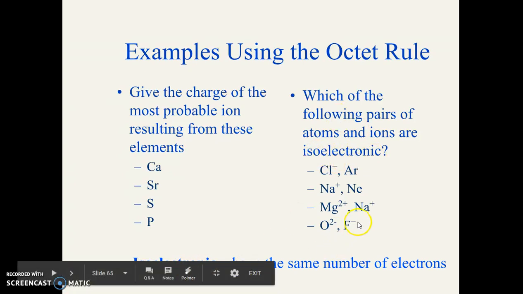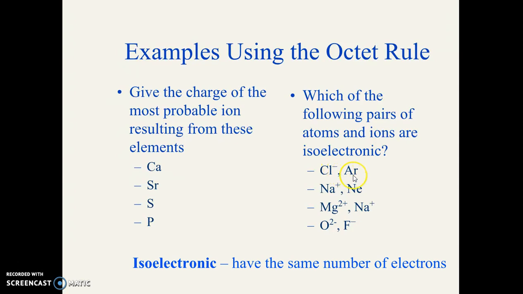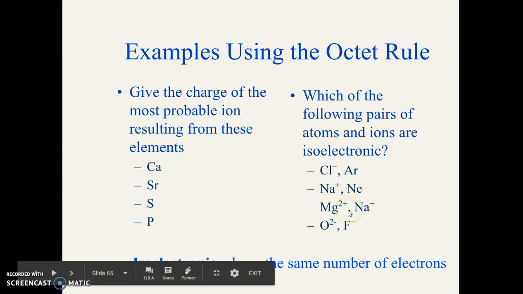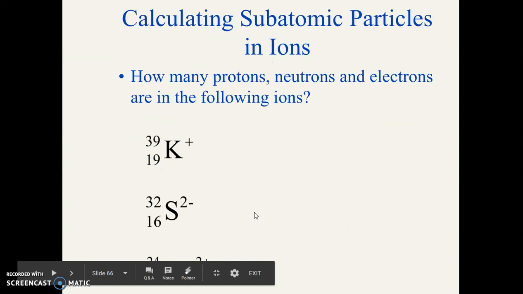Isoelectronic just means they have the same number of electrons. So when you figure out how many electrons chlorine with a 1- has and how many electrons argon has, we're going to see if they're isoelectronic to each other. You can go ahead and figure that out if you know how to do it. If not, just write these down in your notes and we will complete them in class review.